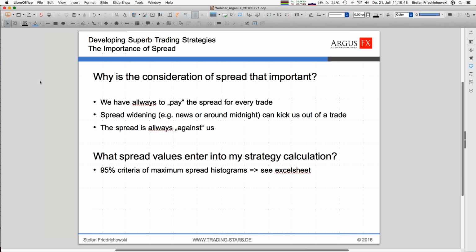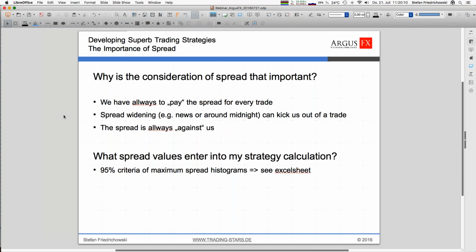I can't see that my stop loss has been reached, but it's simply because of spread widening. So we have to deal with that, and therefore we have to know exactly about the numbers involved. Keep in mind the spread is always against you, so we have to look into that in detail.